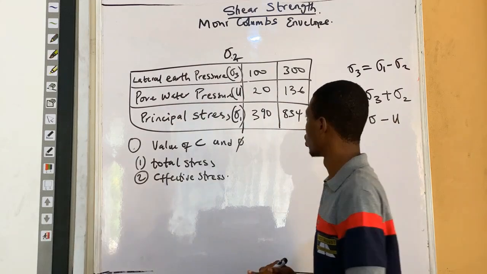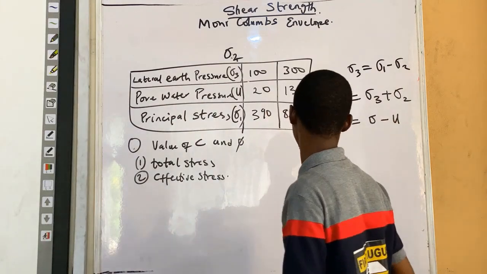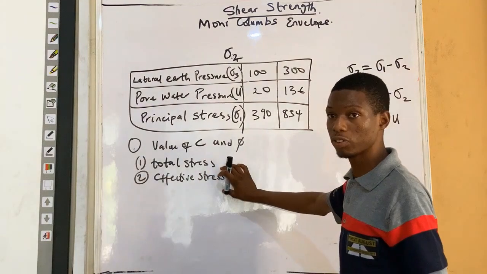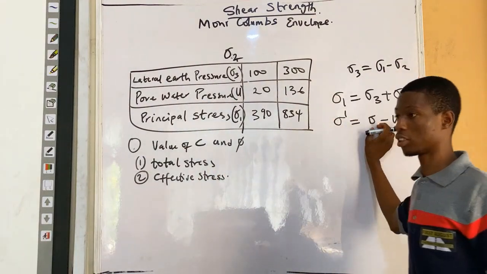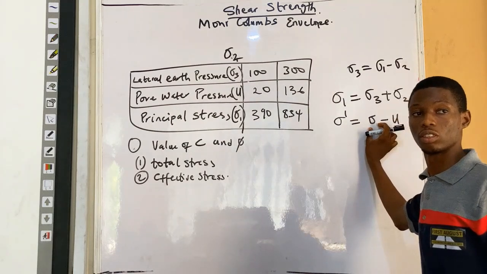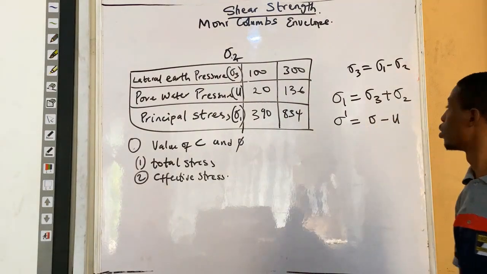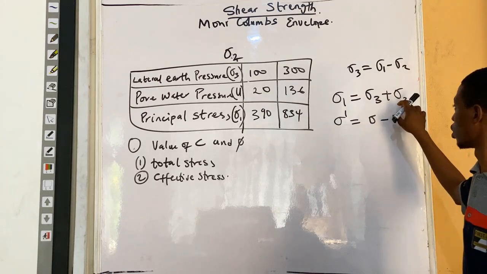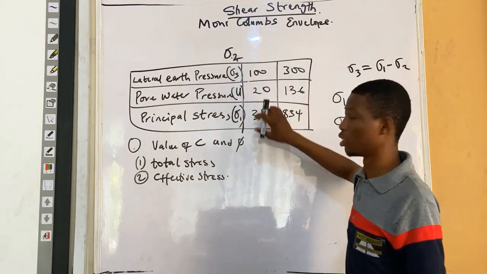So that is for total stress. For effective stress, we said total stress equals that first thing, and it's just to get this.